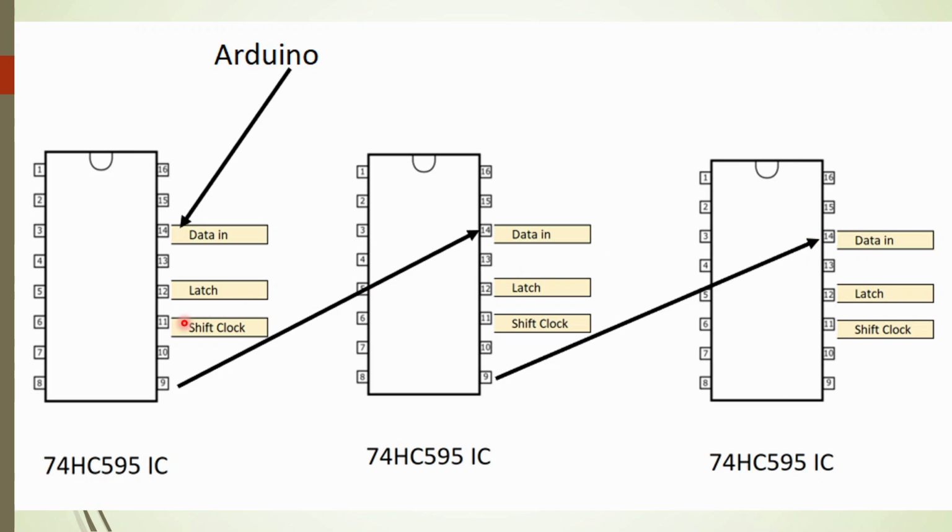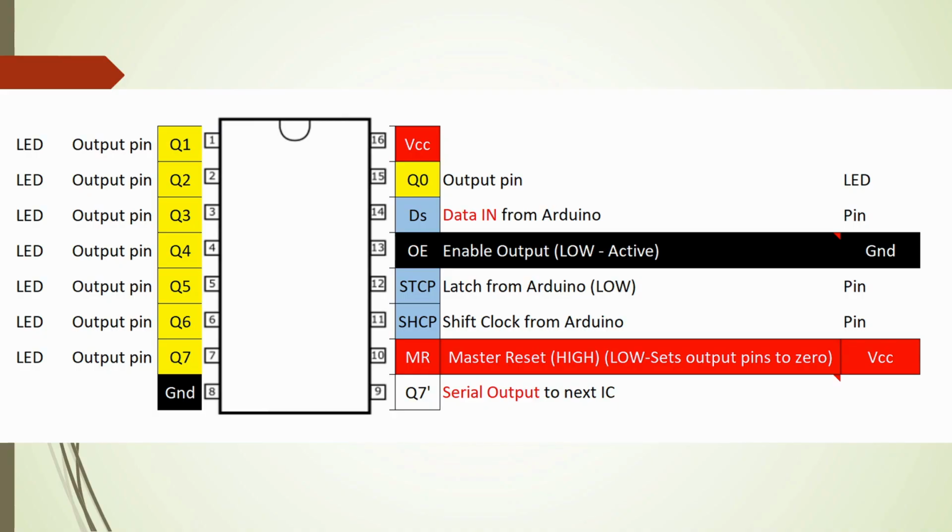So this is how you can daisy chain a number of ICs together. So the first Arduino pin is connected to pin number 14 of the first IC. Then pin number 9 of each IC is connected to pin number 14 of the next IC. This is how it works.